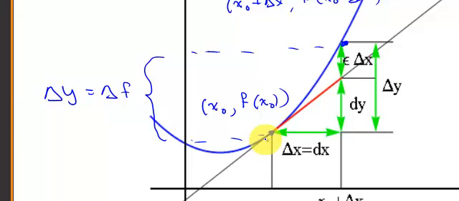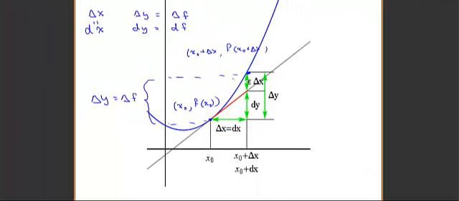Again, if you start at the point x0, f of x0, and you ride along the curve to the point where the x-coordinate is x0 plus delta x, the change in y, the vertical change along that ride along the curve, is delta y or delta f, the increment.